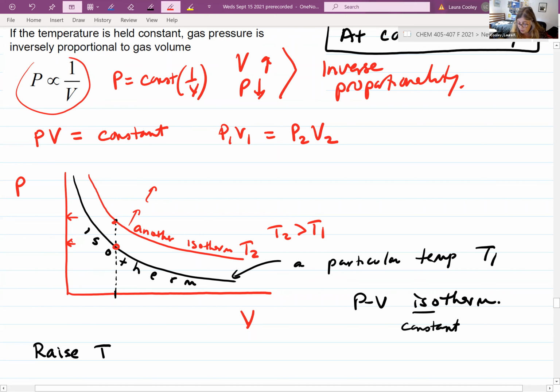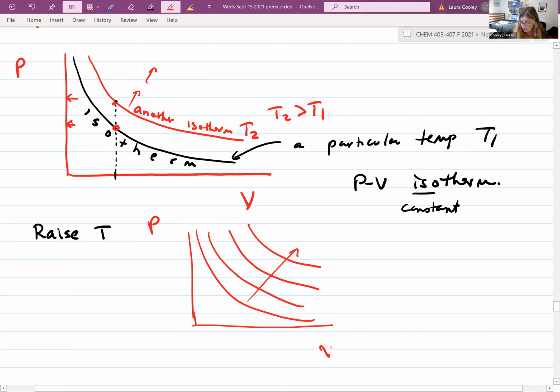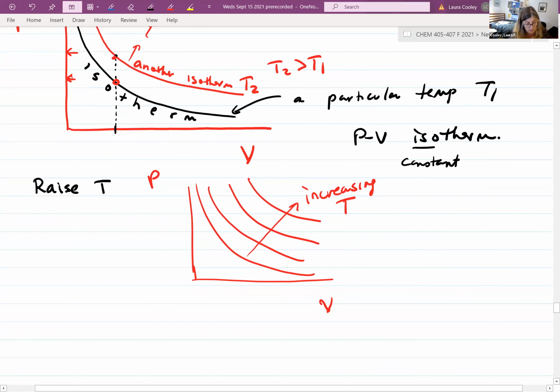All right, so there's really an infinite set of isotherms, which show how pressure changes with volume as the temperature changes. Okay, so there's those PV isotherms.